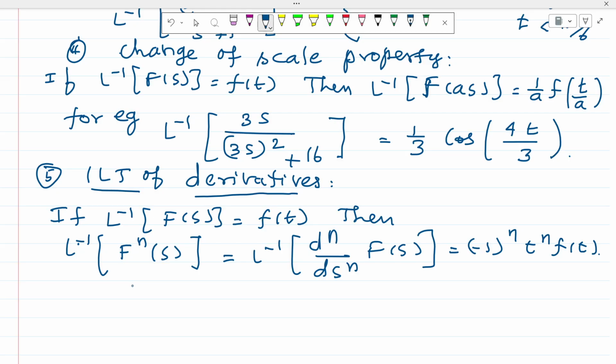So next, the sixth property is the inverse Laplace transform of an integral.